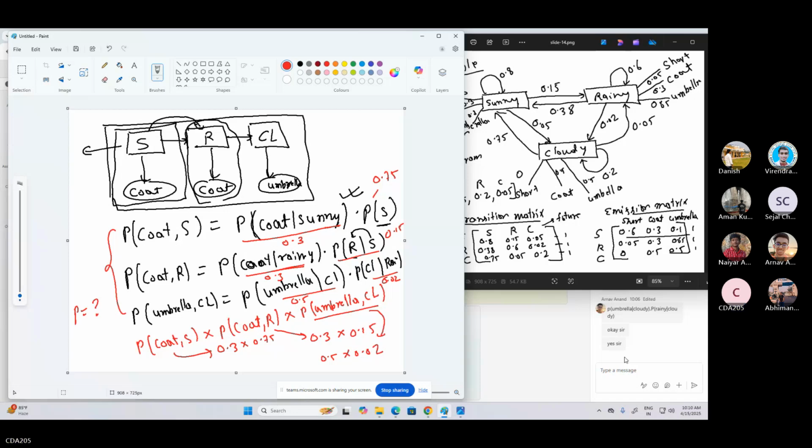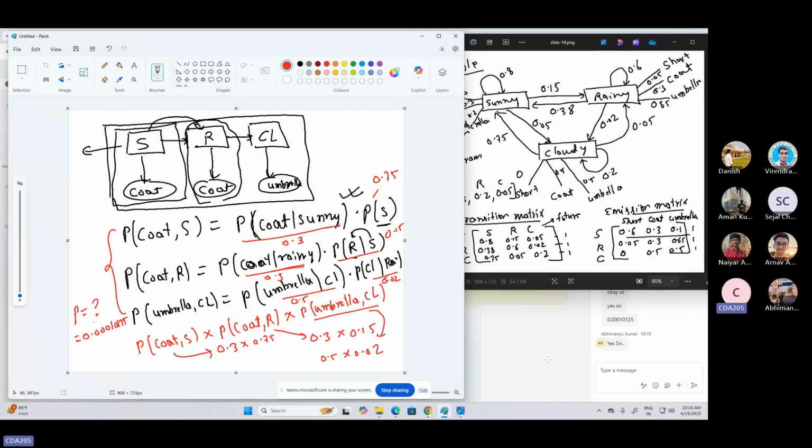Understood? Have you understood this? This way we can calculate the probability. It is 0.000100125.